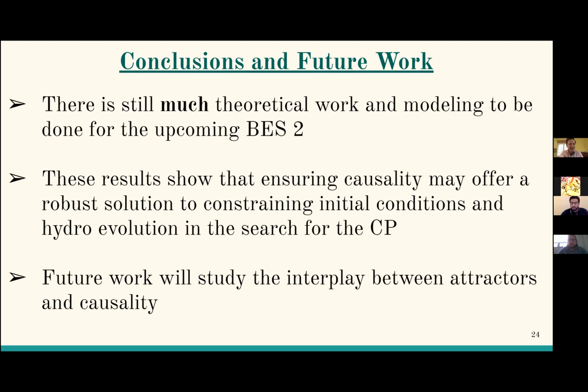Hi, I have one question which is a bit tangential to what you are telling. Shocks are typical phenomena if you have a first order phase transition, and they are discontinuous solutions of ideal hydrodynamics.